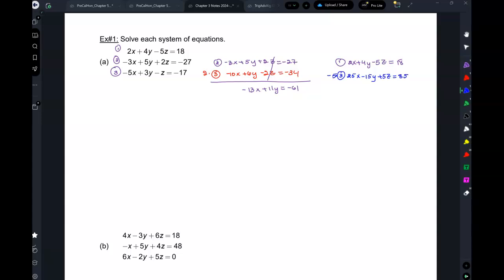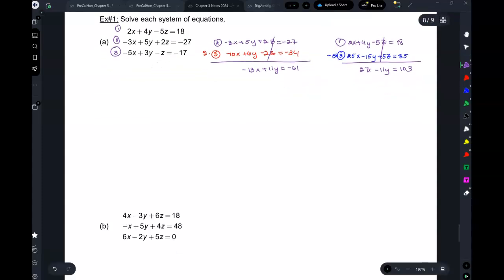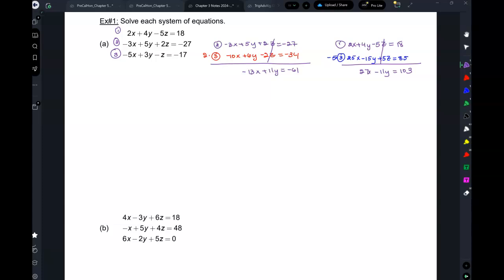Okay, so when I add these, I get 27x minus 11y equals 103. Now I have two equations with the same variables.